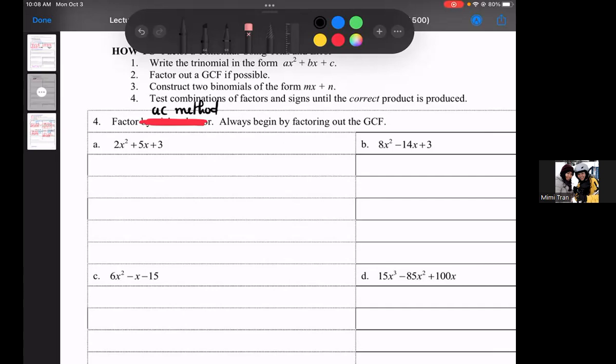Second page. AC method is the same thing I did. Yes.